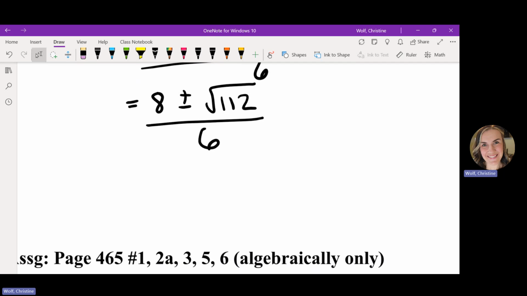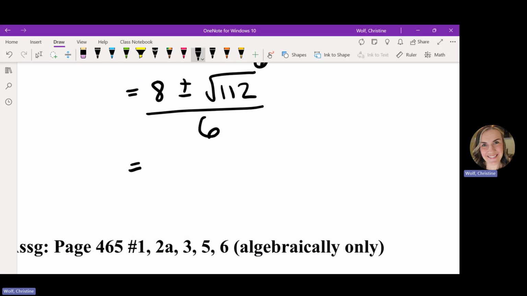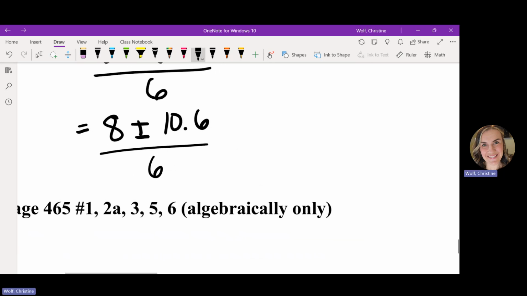Even though we're not actually graphing it, in theory this is the response to a graphing question where the two lines would cross. So all you have to do is find the square root of 112 on your calculator, which is 10.6-ish, over 6.